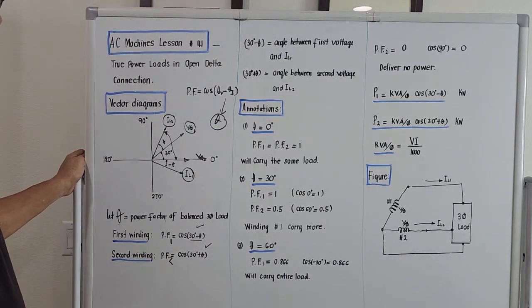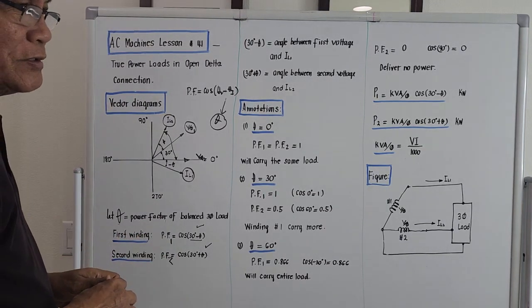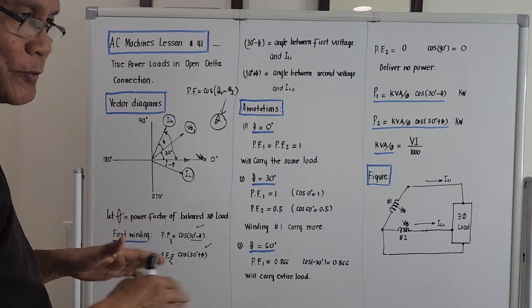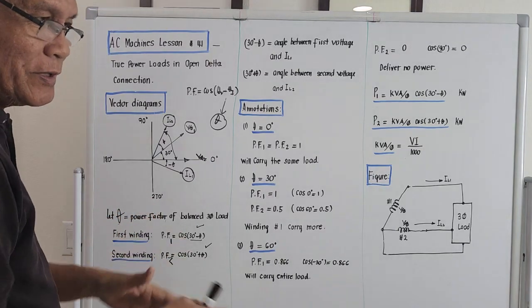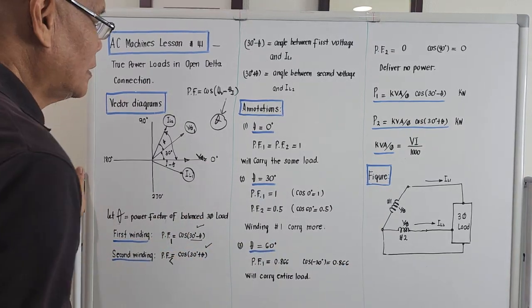Okay, let's try to bring out the annotations now, and how the two windings will operate, meaning how much of the load they will carry at a certain power factor.